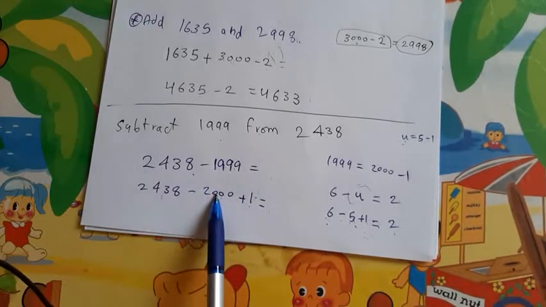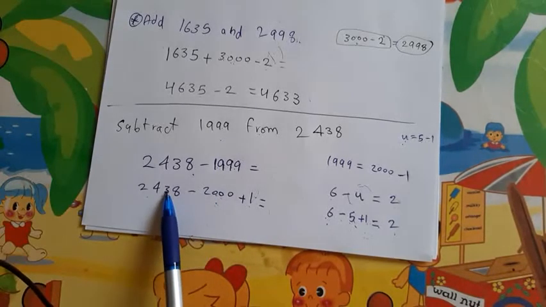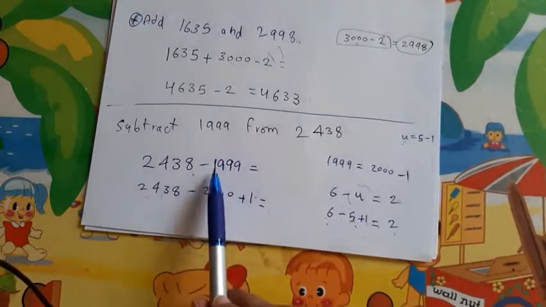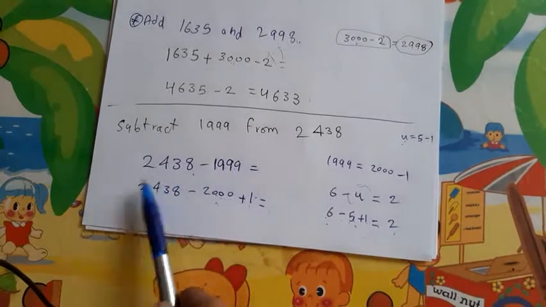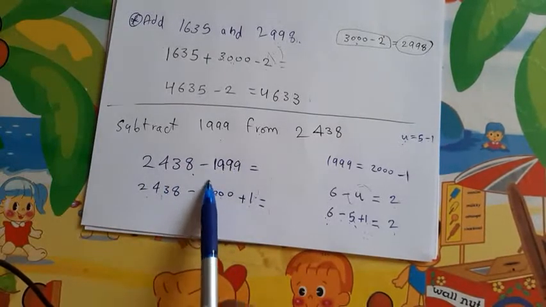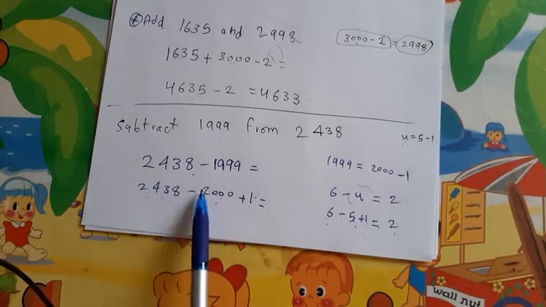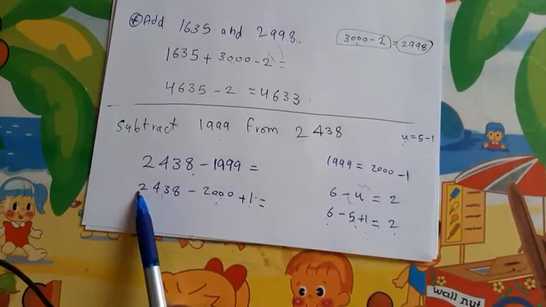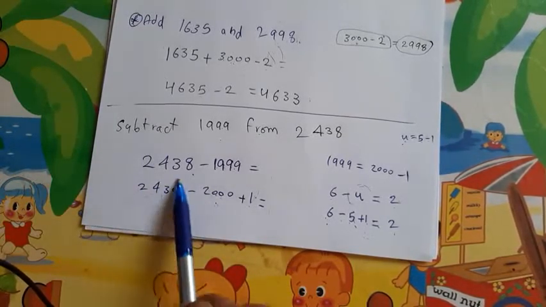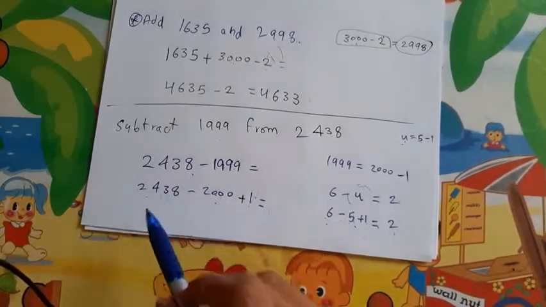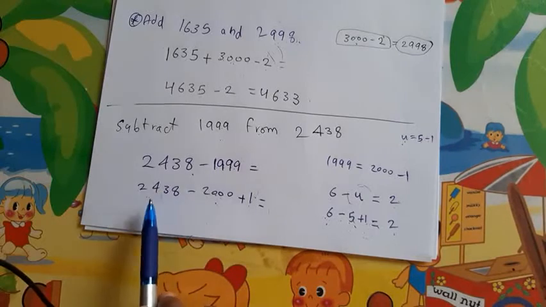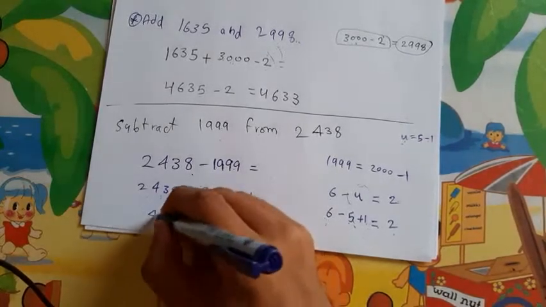Subtracting 2000 from this number is easier than subtracting 1999 from this one. So what I need to do is subtract the 2000 from the 2000. 2000 minus 2000 is 0, so the remainder is 438, right?